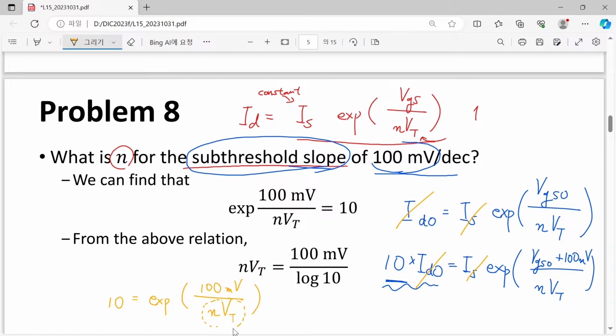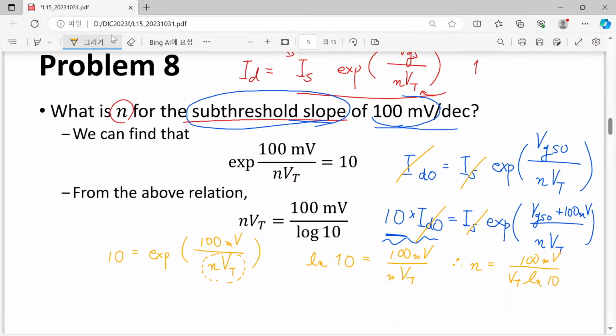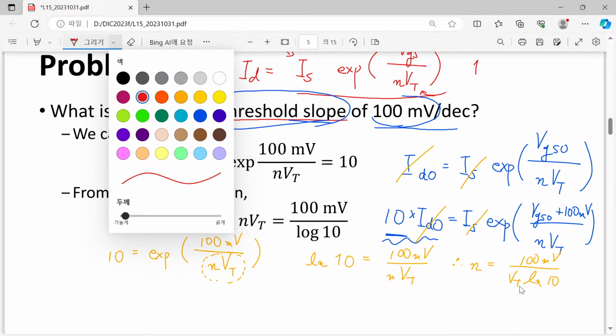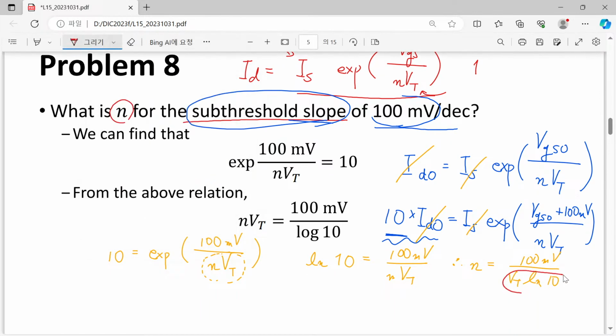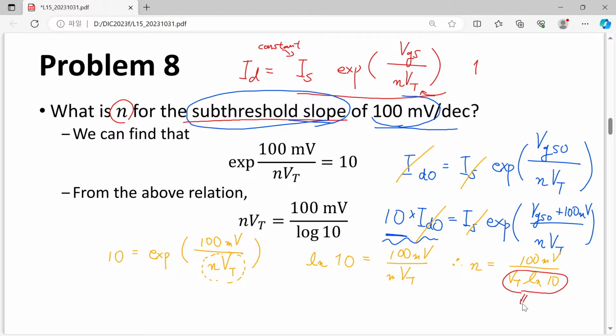After that we can take the natural logarithm on both sides, then we have ln 10 equal to 100 millivolt over N VT. That's the reason why our N value can be simply given by 100 millivolt divided by VT ln 10. Typically, when we evaluate this quantity at 300 Kelvin, VT ln 10 corresponds to 60 millivolt.